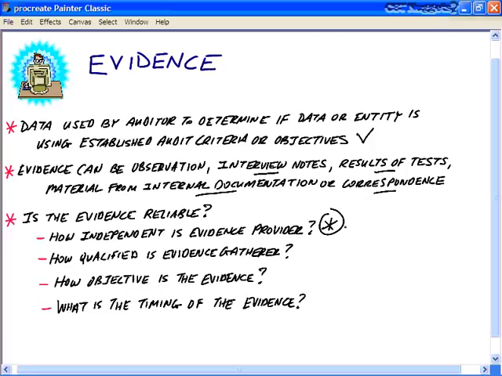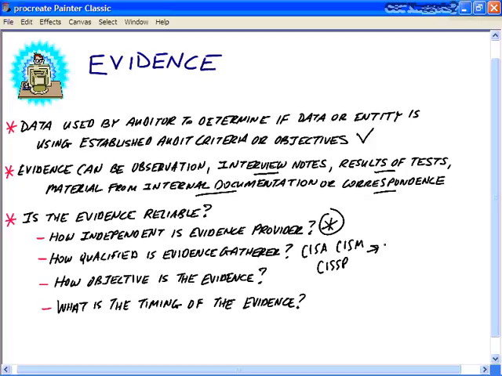How independent are they? How qualified is the evidence gatherer? Do they have a CISA or CISM certification or some other type of certification, maybe CISSP? If you're looking at Cisco equipment for security, for example, are they qualified in that area? If you're looking at financial auditing or security policy auditing, what type of certifications and experience do they have?